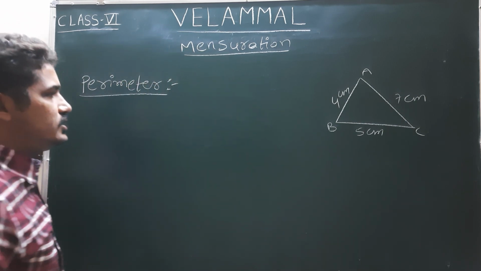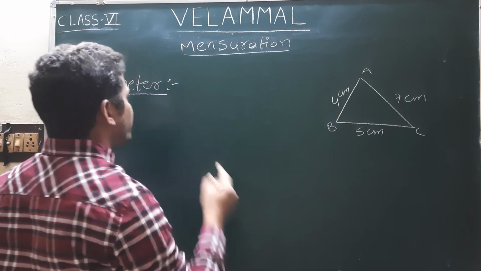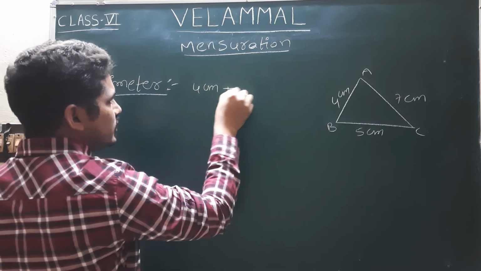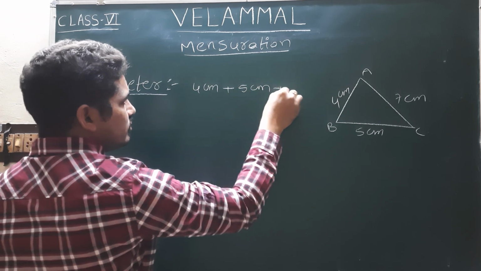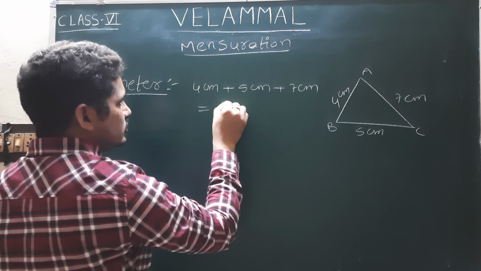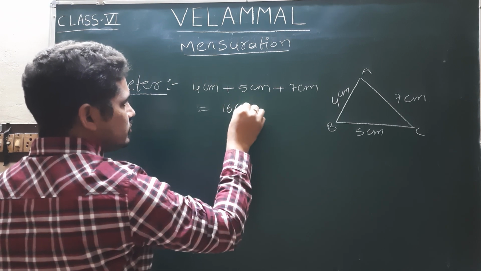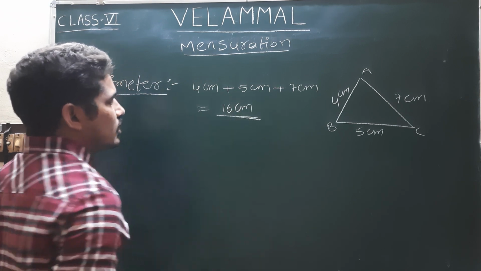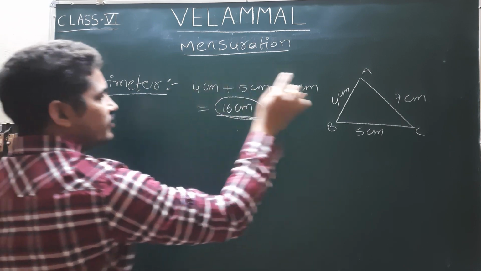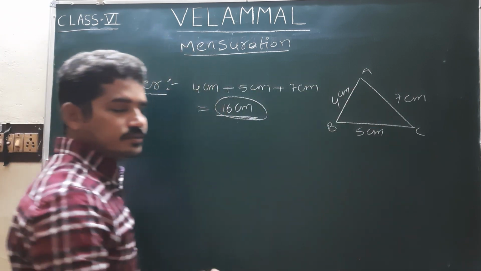Then we say the perimeter of this triangle is 4 centimeters plus 5 centimeters plus 7 centimeters, which is equal to 16 centimeters. This 16 centimeters is called the perimeter of this triangle ABC.